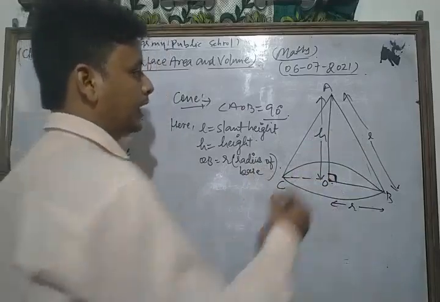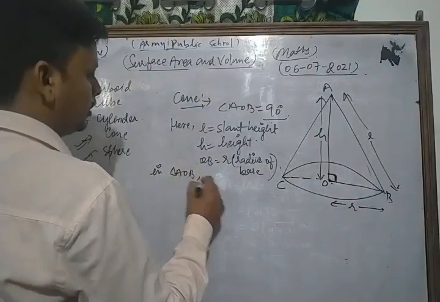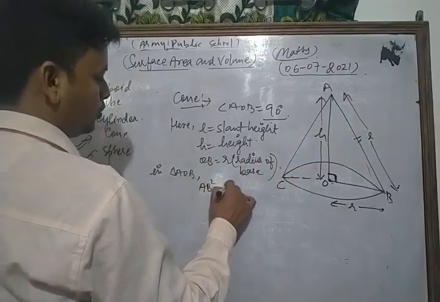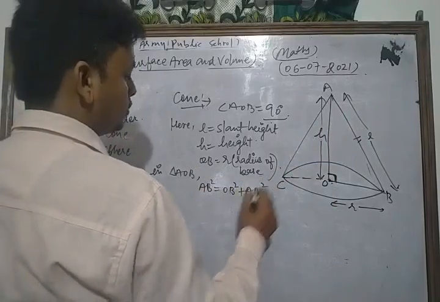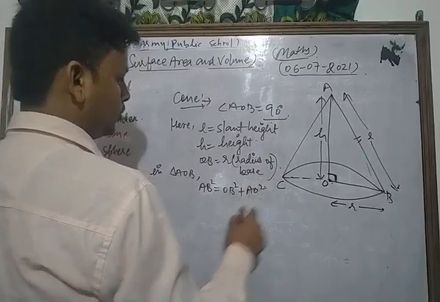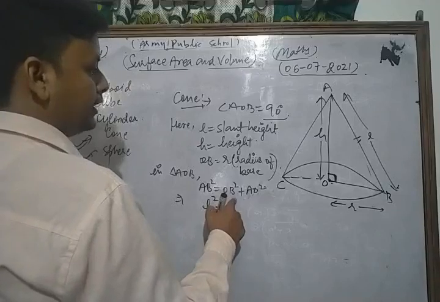Look, in the right angle triangle AOB, this is your hypotenuse. So AB square is equal to OB square plus OA square. Now AB is what? Slant height, this is L square. OB is what?